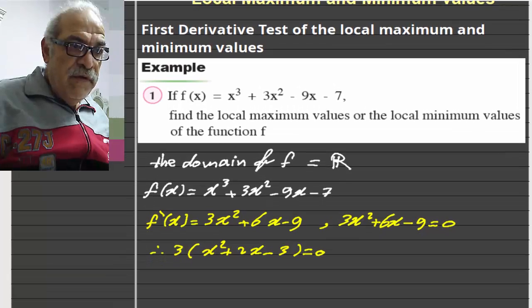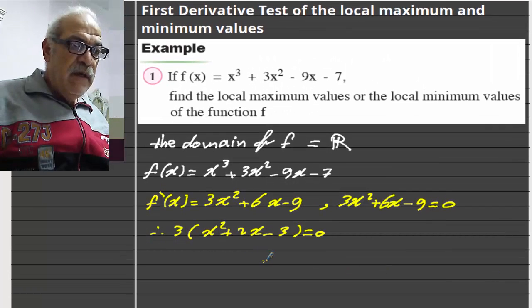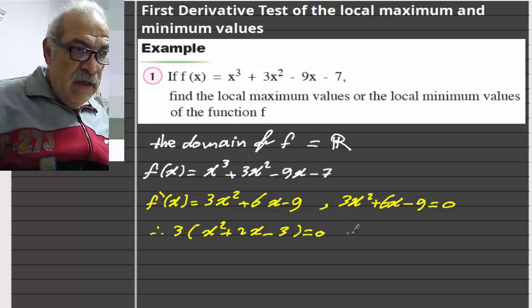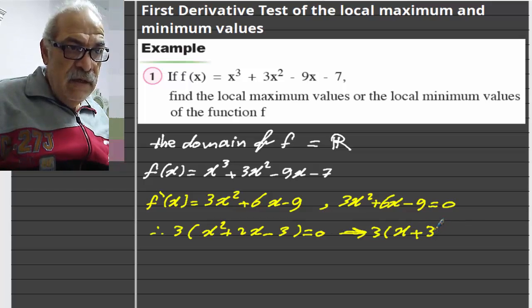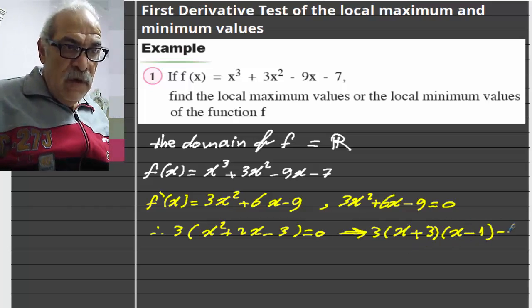Then we factorize the left hand side. It will be 3 multiply x plus 3 multiply x minus 1 equals 0.